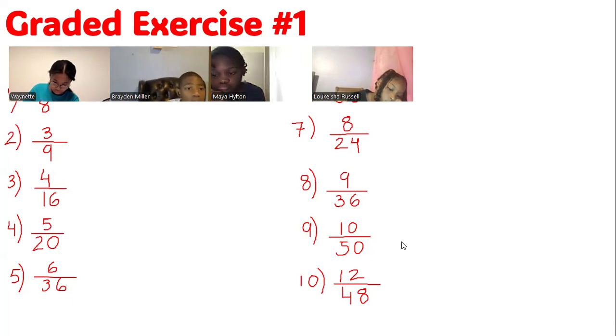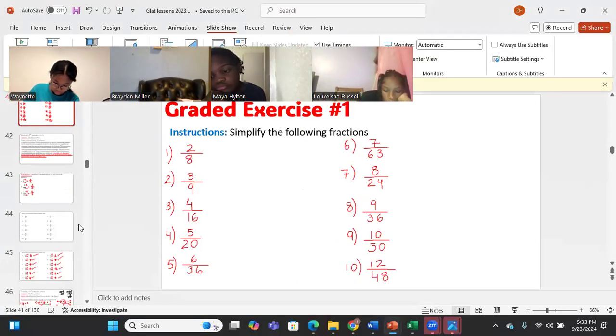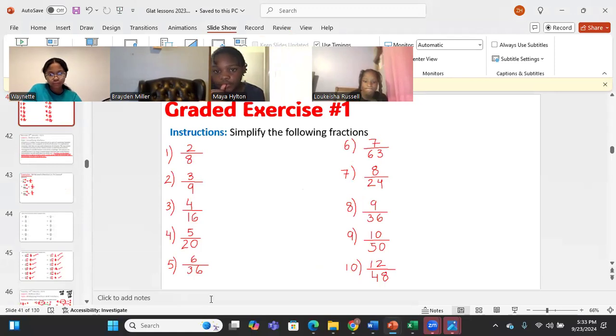Tajani, what number are you on? I'm going over because I missed the question, so I have to write it down. You have to write it down, okay. Where is Najara? Yes, sir.